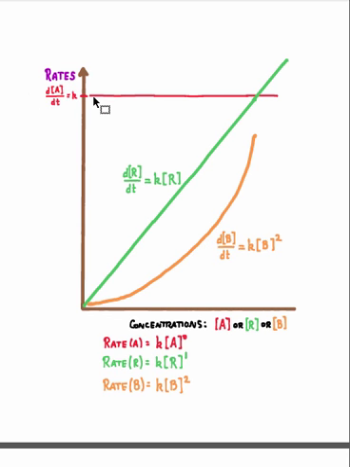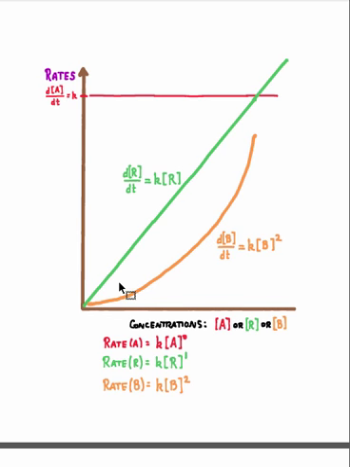So it's just a straight, non-increasing, non-decreasing rate as long as there is some reactant R. If I graph the rate, dR/dt, versus the reactant concentration for first order, that's just to the first power, so it's R times some constant, and it rises linearly.